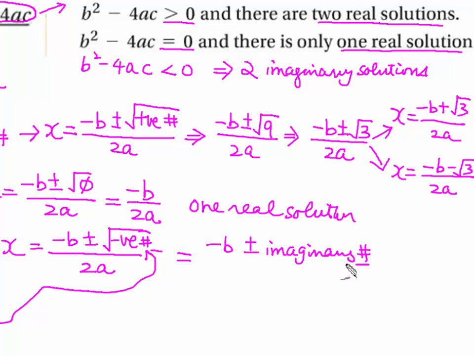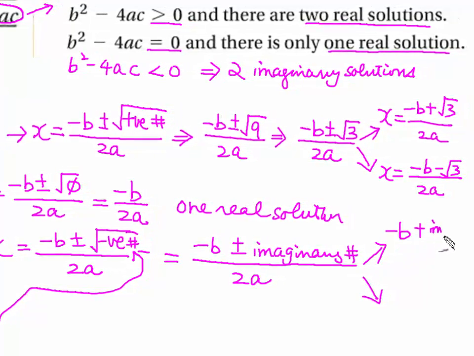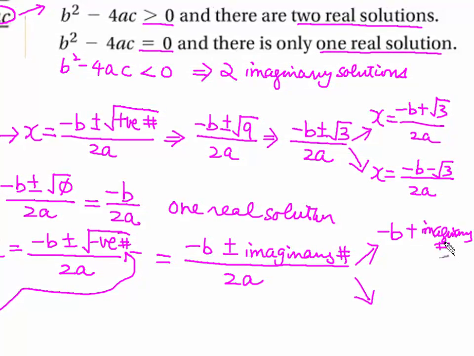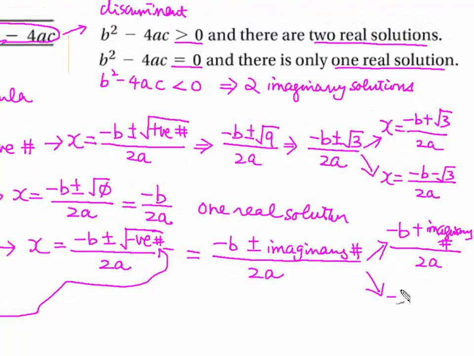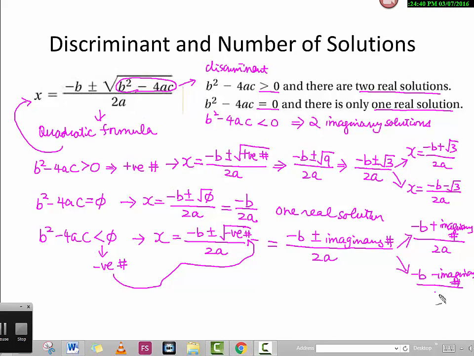And that's why we have two imaginary solutions, which is negative b plus that particular imaginary number over 2a, and then negative b minus the imaginary number over 2a. We're going to talk about that in the later sections. But for now, just remember the discriminant tells you the number of real solutions as well as the number of imaginary solutions of a quadratic equation.